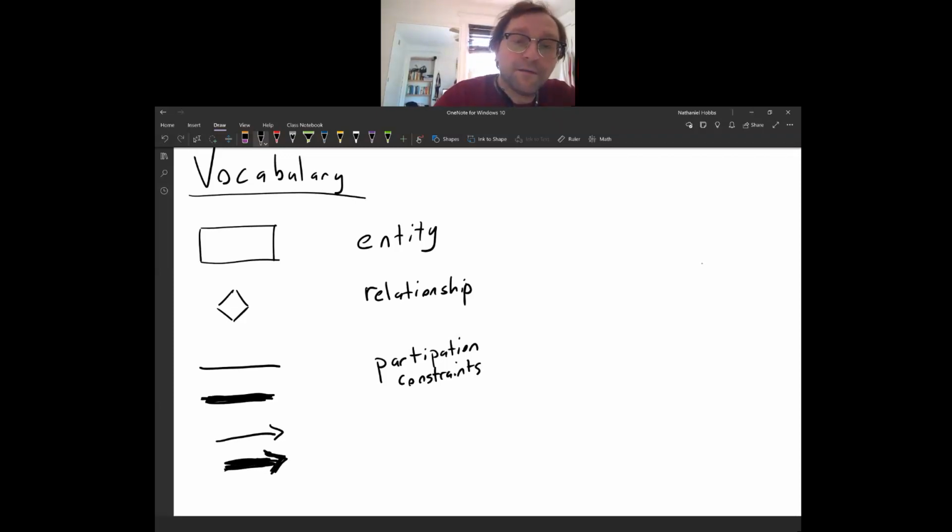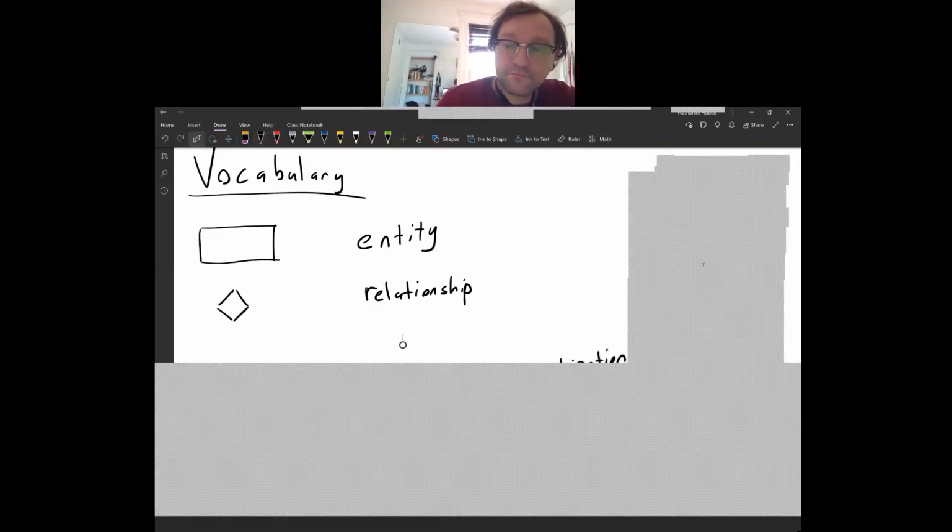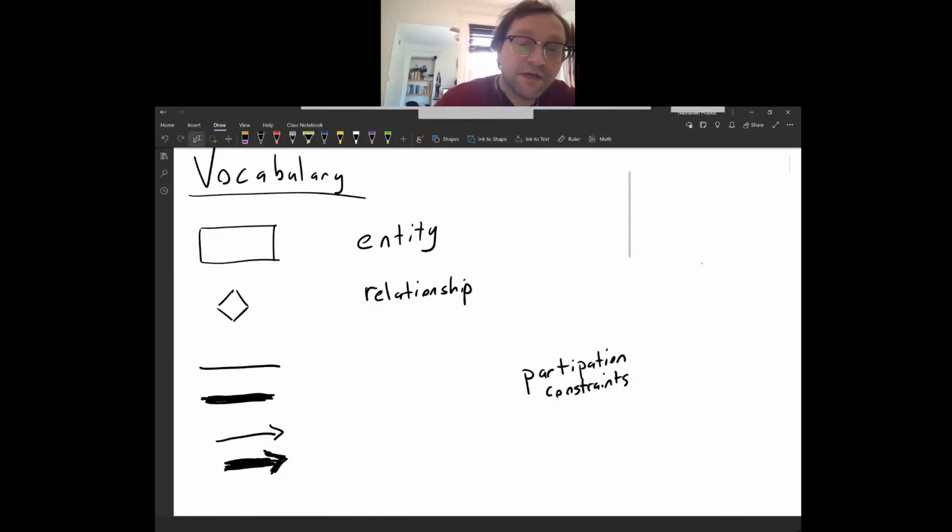Okay, so these participation constraints, all 4 of them. The thin line is unconstrained participation.